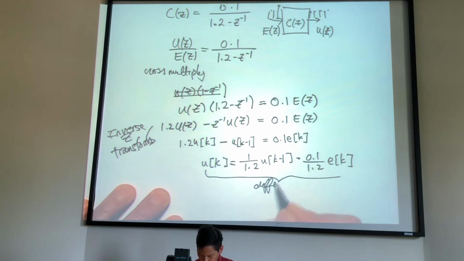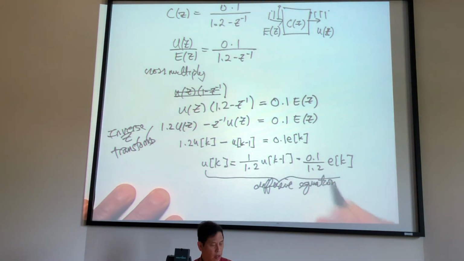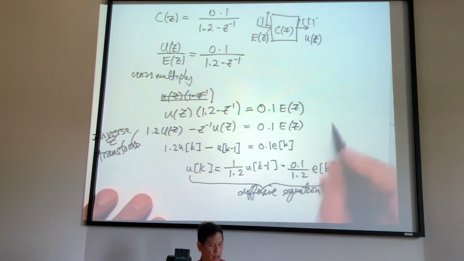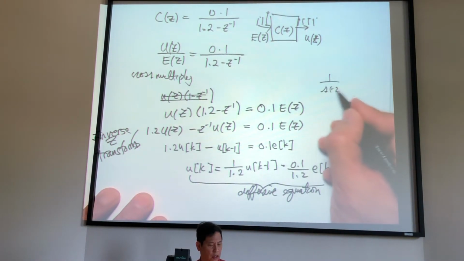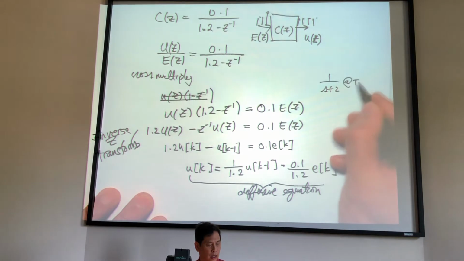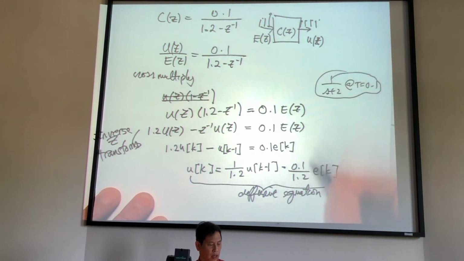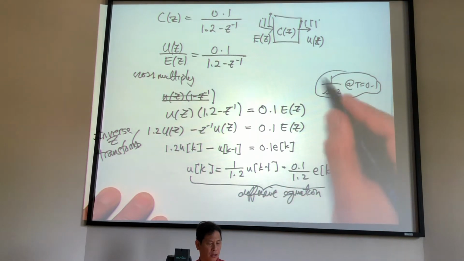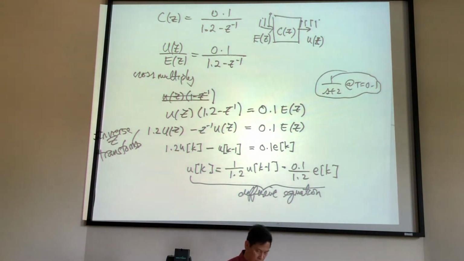We're done. This is an approximation for 1 over s plus 2 at T equal to 0.1. At a sampling rate of 0.1, this is the computer program that approximates this funny expression in s.